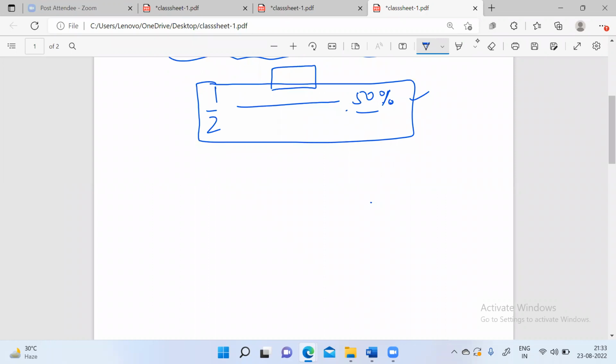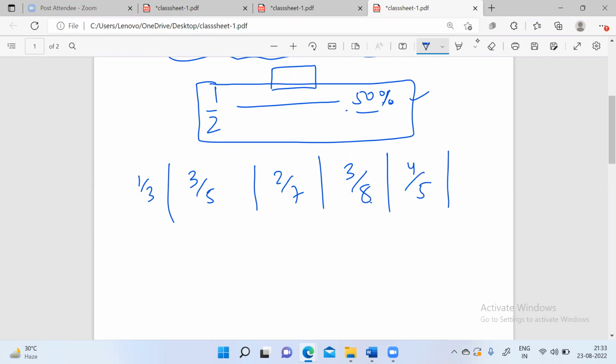Then each and every simple fraction that you can say, 1/3, 3/5, 2/7, 3/8, all the simple fractions which are frequently used, and 4/5, 5/6, all these will have a corresponding percentage figure.